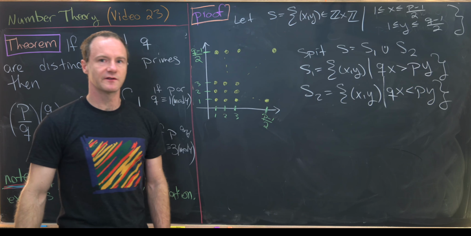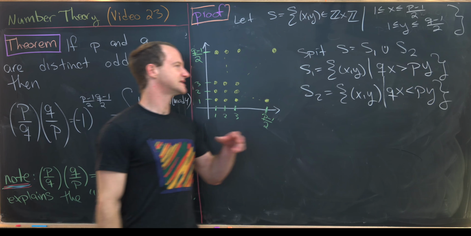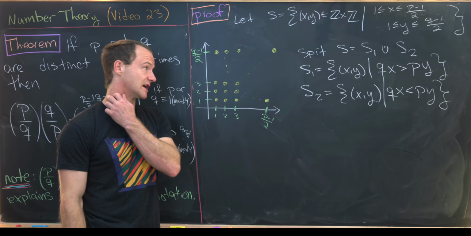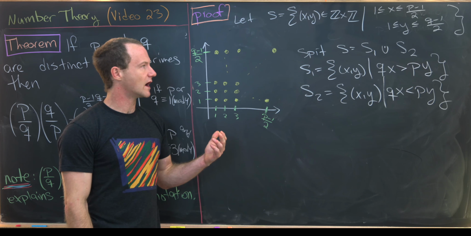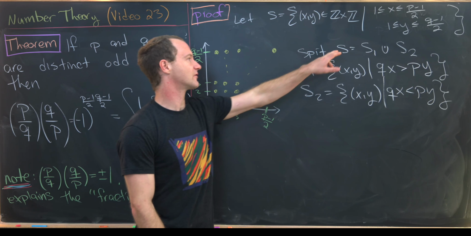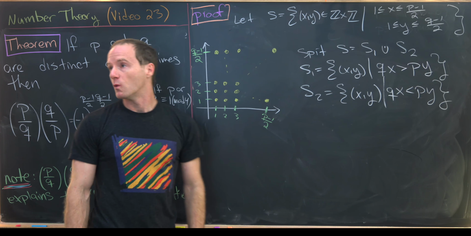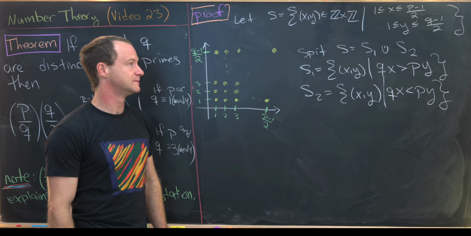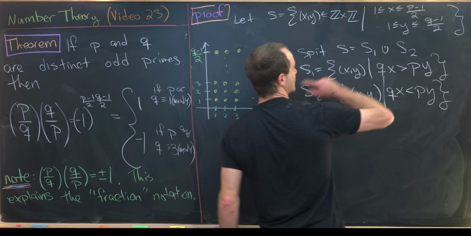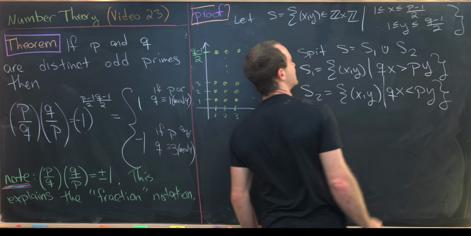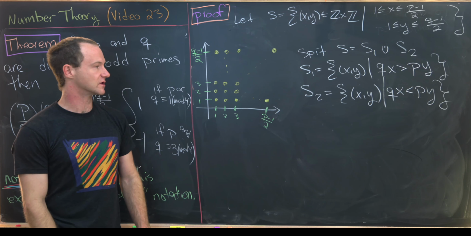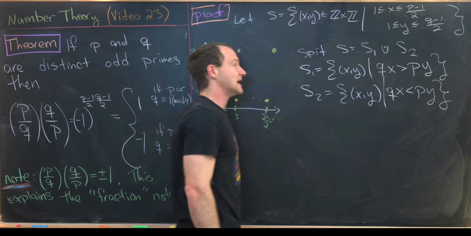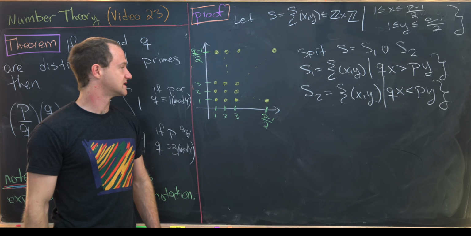It's pretty clear that those are disjoint because it's impossible to have this greater than and this less than condition at the same time. You might say, well, how do we know that this forms everything from S? Well, that's clear because p and q are distinct odd primes, and we're taking x and y up only to (p minus 1) over 2 and (q minus 1) over 2. So it's impossible to have a multiple of p and q in this space.